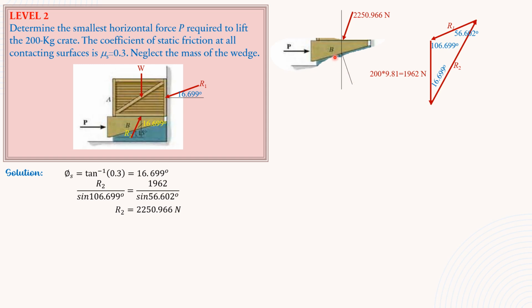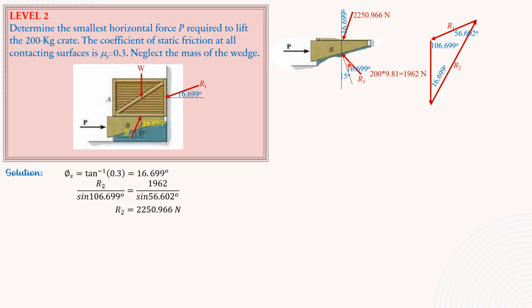And we have here the normal to the underside of the wedge, which makes an angle of 15 degrees, the normal and the vertical 15 degrees, and R3 should be here opposing P. So that's 15 degrees. This is R3, and R3 makes an angle with the normal of 16.699 degrees.